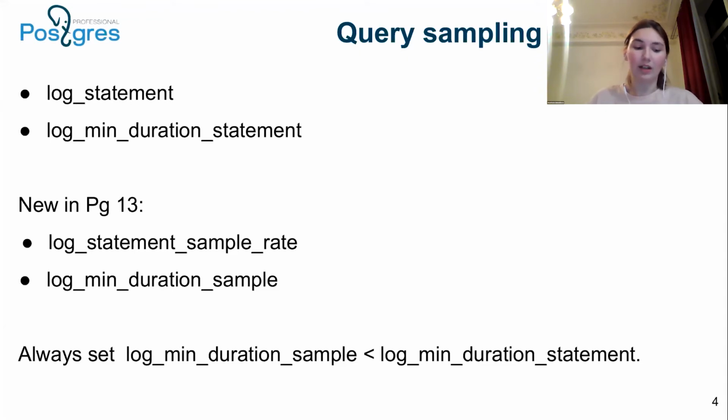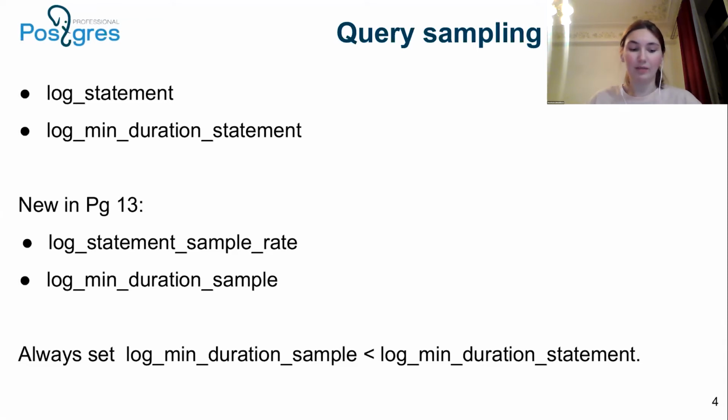These parameters are helpful in tracking down unoptimized queries in your application. However, you should always bear in mind that excessive log traffic may impact performance, especially when you analyze workloads with lots of short queries. The 13th release introduces two new parameters that allow sampling of statements to log.